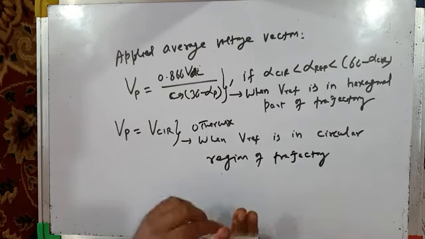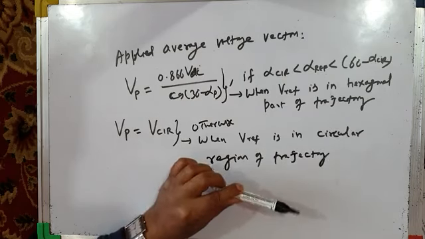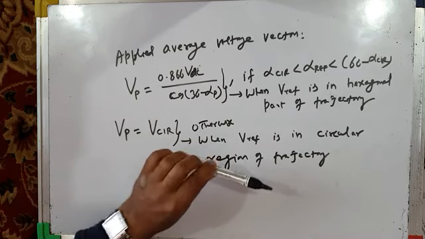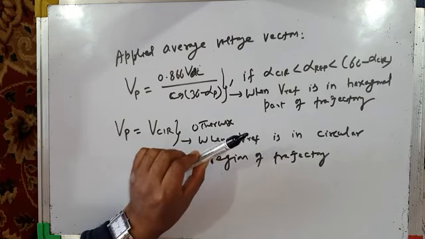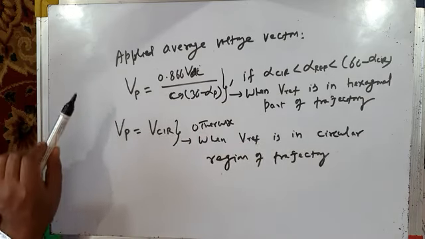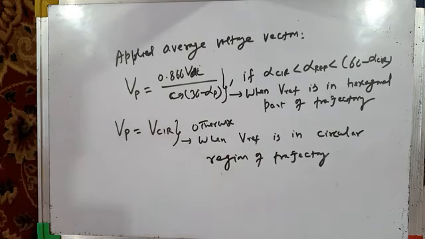So if your Vref is moving along the circle, then the applied voltage vector is given by this formula. And if the rotating reference vector is moving along the hexagonal part of the trajectory, then it is given by this formula. Remember this.